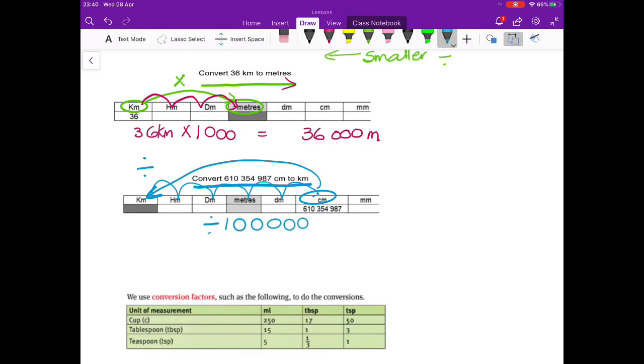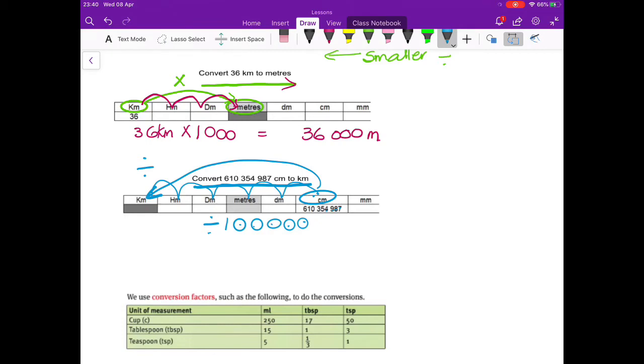I am dividing. So if I take 610,354,987 and divide it by 100,000, we can just do it like this: 1, 2, 3, 4, 5 zeros.